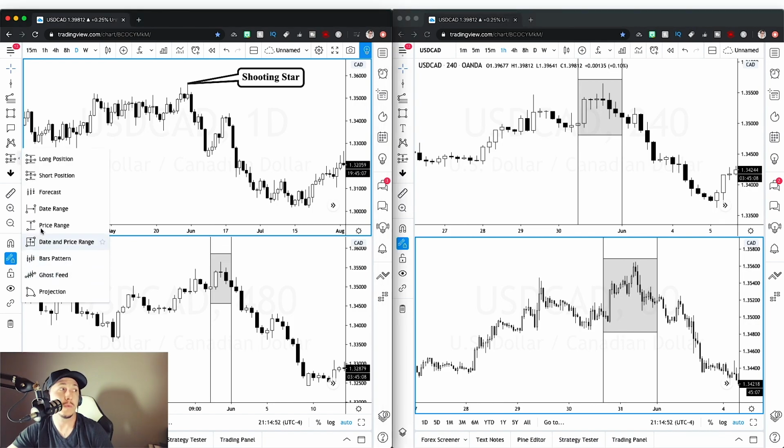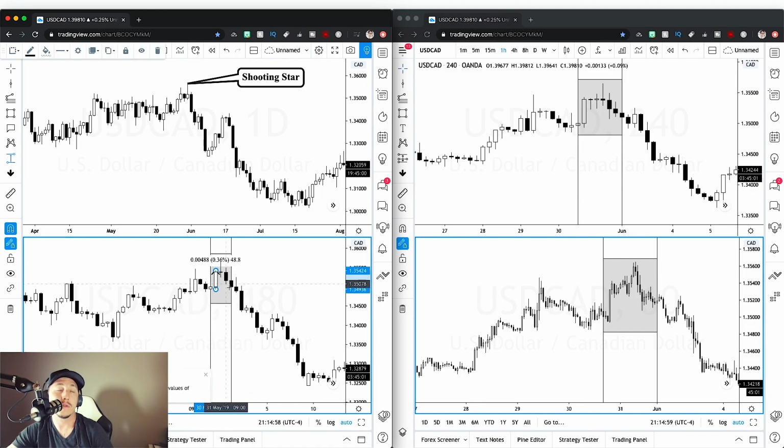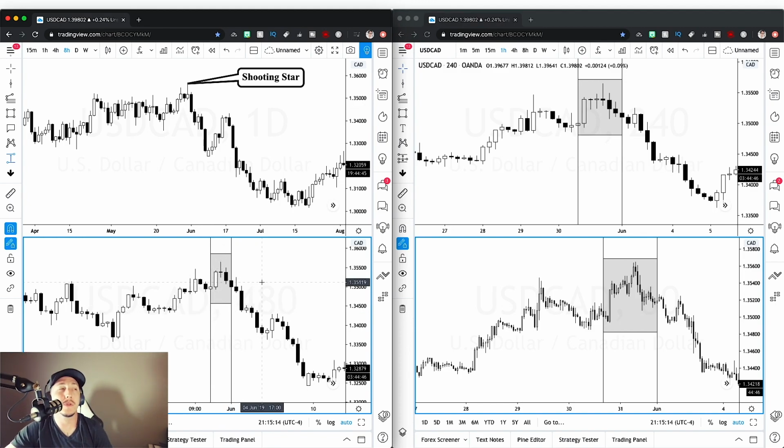Let's take a quick peek. All right, so they pushed it up nearly 50 pips in 8 hours. So that's the Aussie session, the Asian session, and then part of the London session, right? So they were clearly in control there.